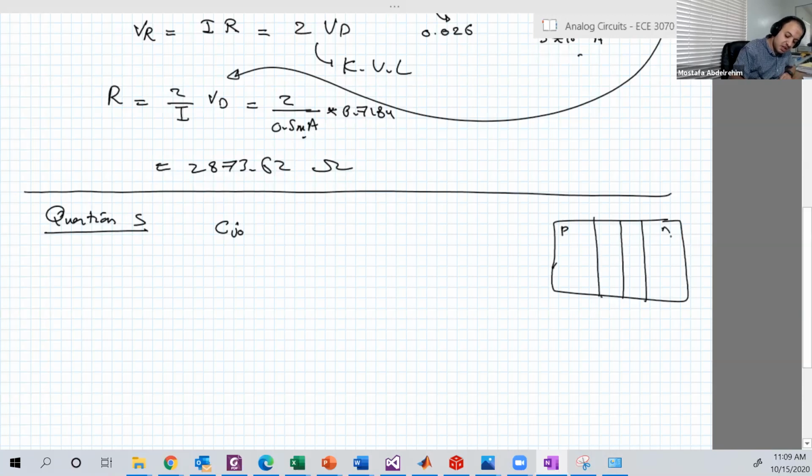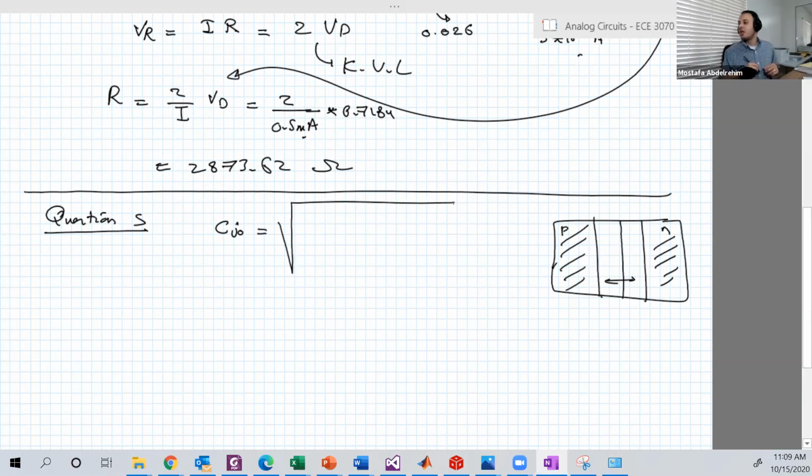This is a PN junction. So we said that this is like a capacitor. One of the plates is another plate, and you have here an insulator. This is just a capacitor. Okay. CJ0 is equal to the square root of what? I forgot. Epsilon Q over 2.